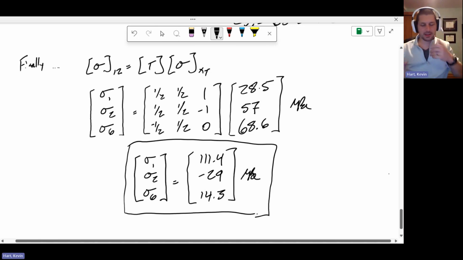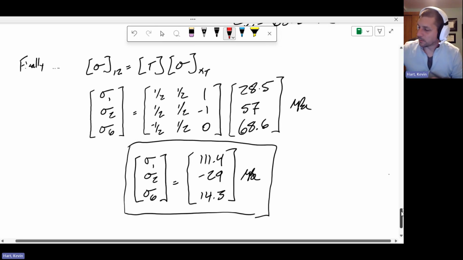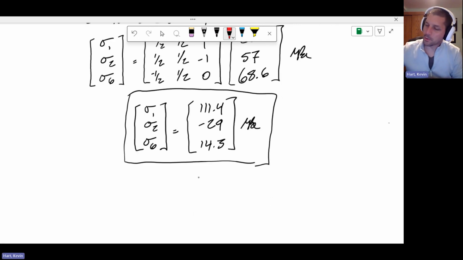So there we go. A little bit more application-focused example here. We're looking at a tube that could be pressurized, that could have some torque applied to it. Very common situation. You have to understand, if I have the stress in this particular XY coordinate system, what are the stresses in the sigma 1, sigma 2, sigma 6 coordinate system? Now, why would we want to make this transformation anyway?